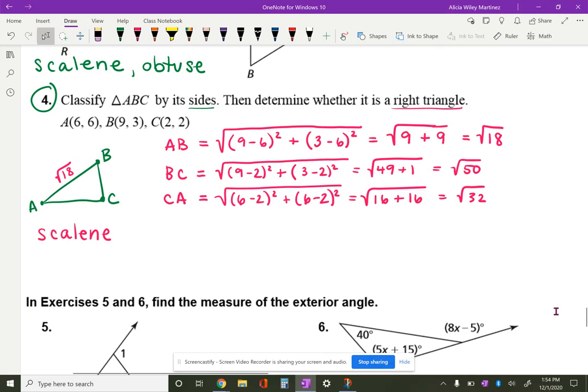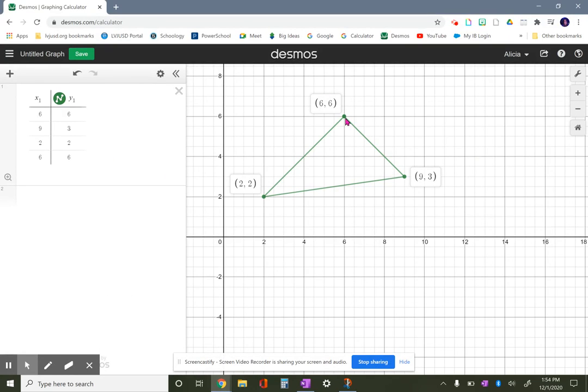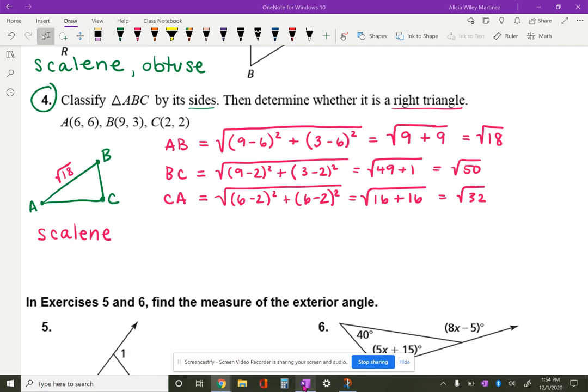Again, I'm going to switch back and forth: 6, 6 is A, and this one is 2, 2. So I'm going to find the slope of line AC, and I'll talk about why this works.